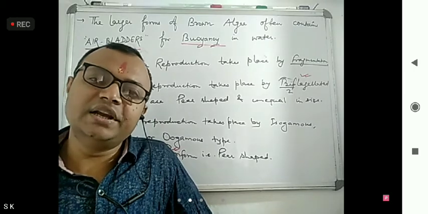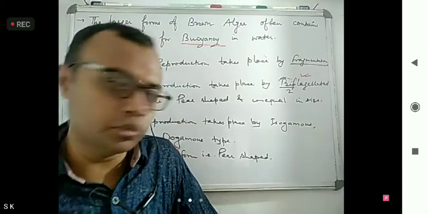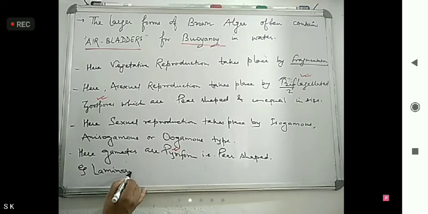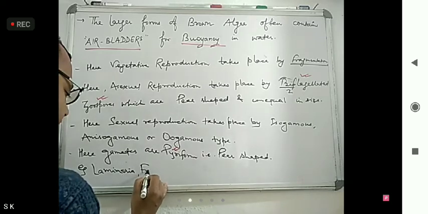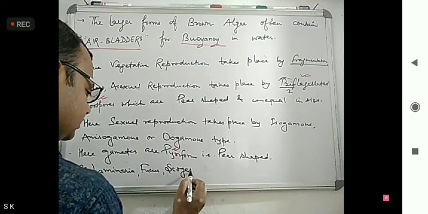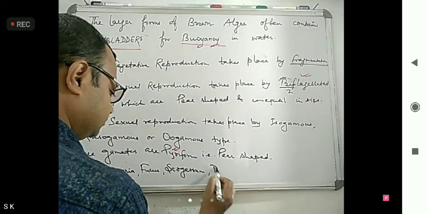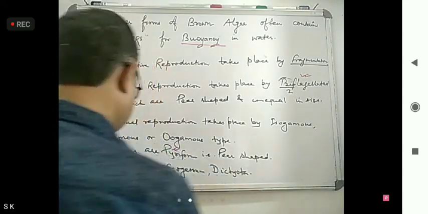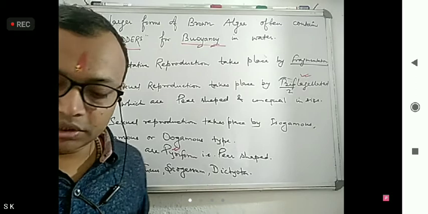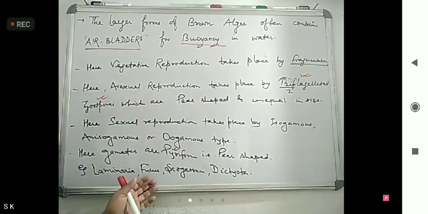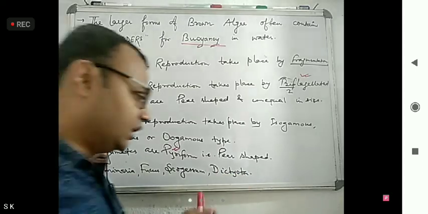Okay, now if we are seeing common forms of brown algae, that is Ectocarpus, Dictyota, Laminaria, Sargassum, Fucus. For example, Laminaria, Fucus, Sargassum, Dictyota, Ectocarpus. Okay, so these belong to what? Brown algae.